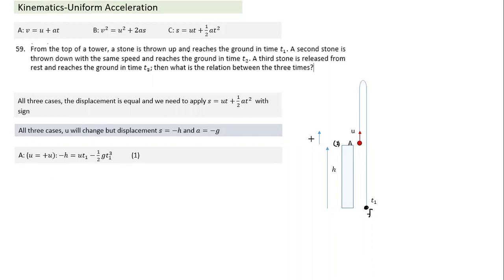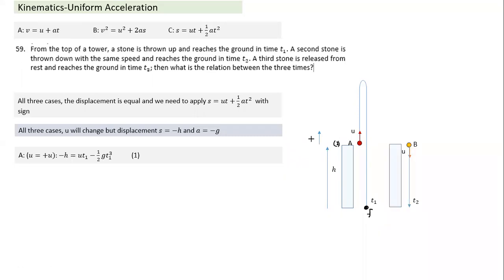Using this equation, displacement is minus h equal to u positive, time is t1, and g is negative, since g is downwards and we have taken the upward direction as positive. That's the first case.